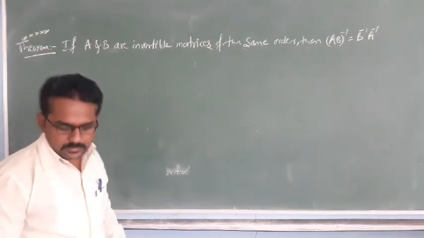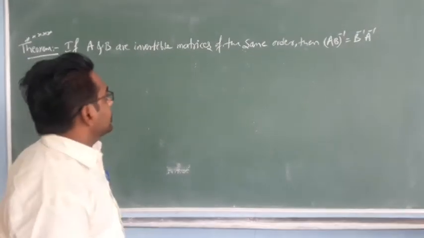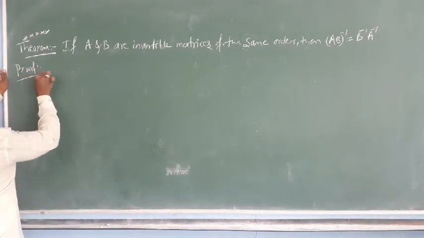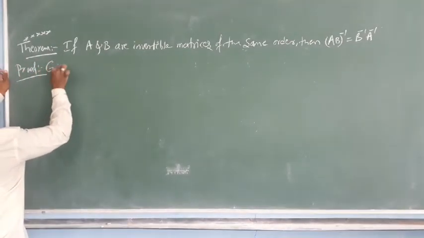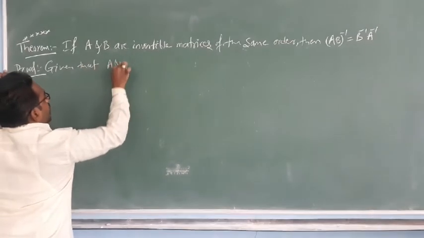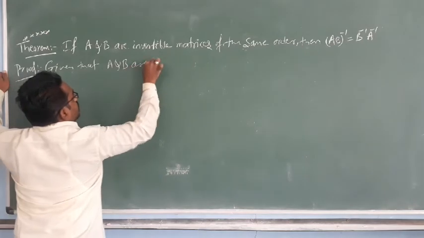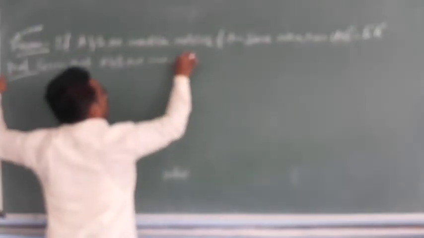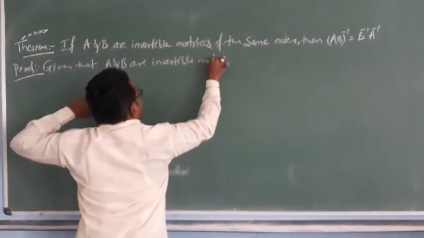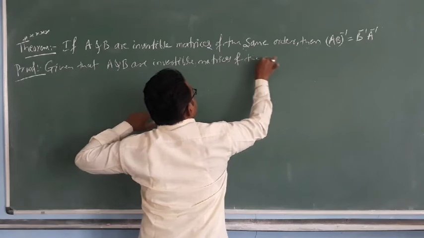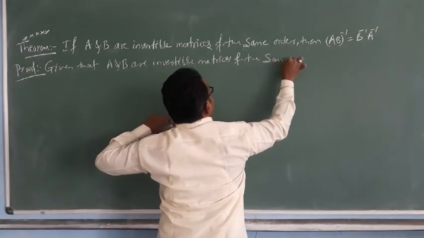This will help you in proving this statement. Already what is given is that A and B are invertible matrices of the same order.